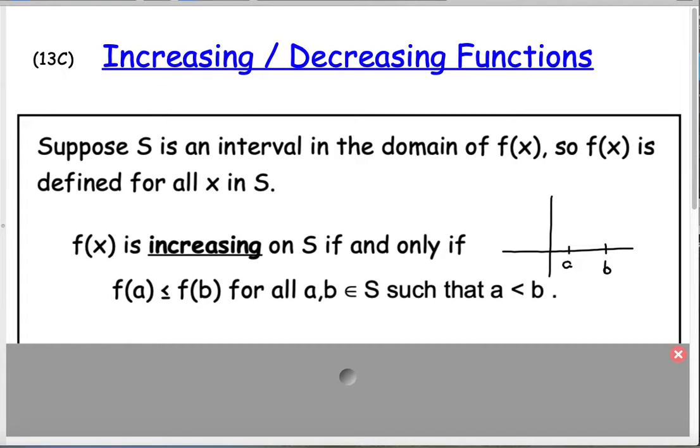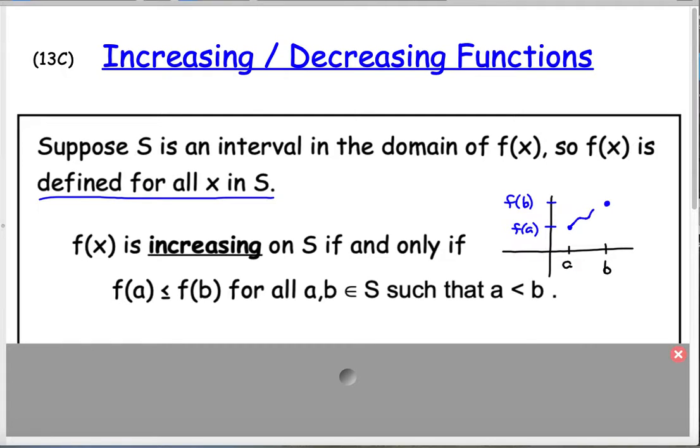If a function's increasing, then that means that f of a, let's say here's f of a, is going to be less than or equal to f of b, and then if f of b is over here, for any a and b in that interval where a is less than b. So in other words, and by the way, it has to be defined for all x, which means our function is going to be continuous.